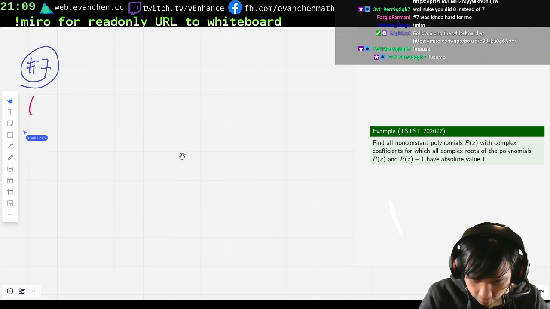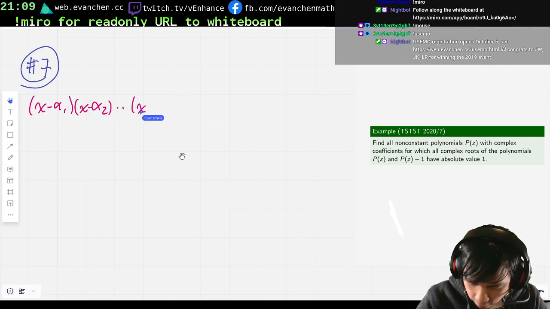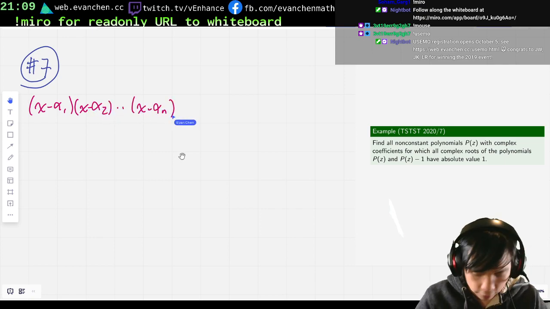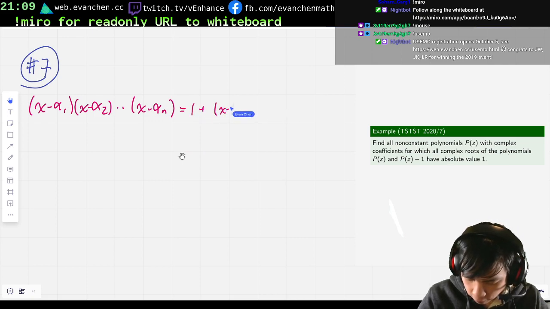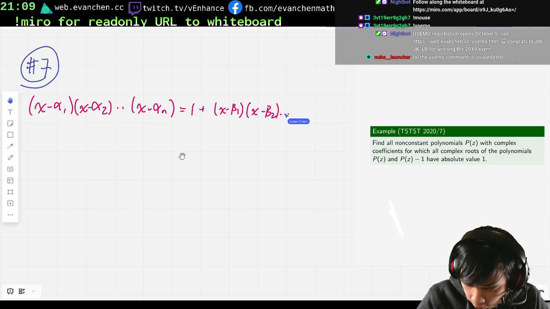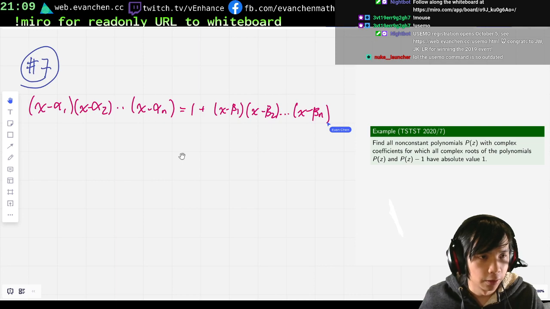The equation is: alpha 1, alpha 2, x minus alpha n is equal to 1 plus x minus beta 1, x minus beta 2, x minus beta n, where alpha i and beta i are assumed to have absolute value 1.